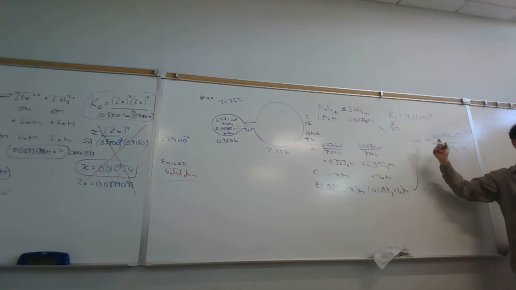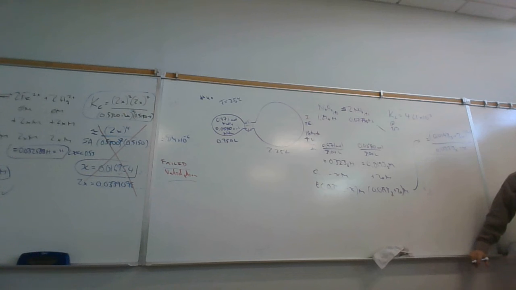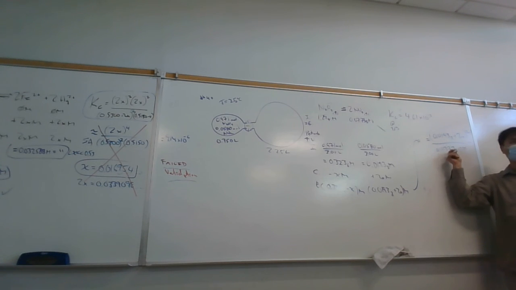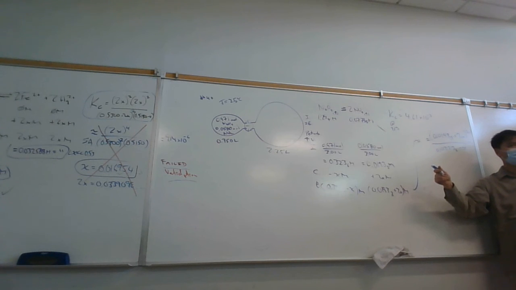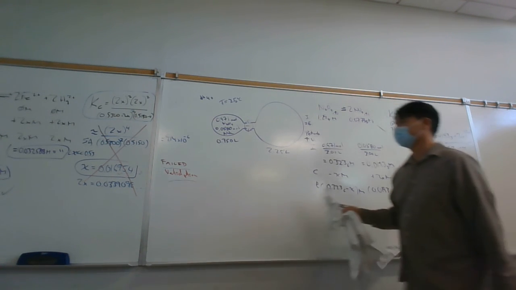The reactant side or the product side? The reactant side. So what we could try to do is a reset and then see if the simplifying assumption works. What do you guys want to do? Do you want to solve the quadratic, or do you want to try doing a reset and see if the simplifying assumption works? You want to try resetting and see if the simplifying assumption works?